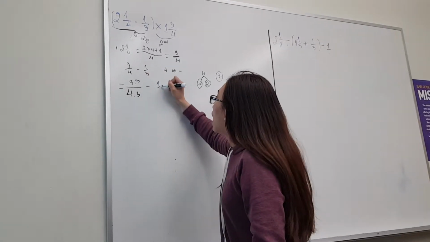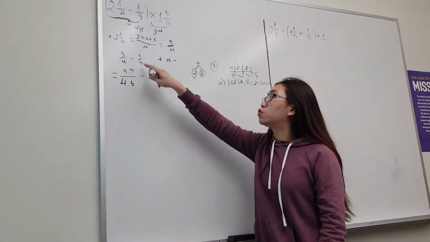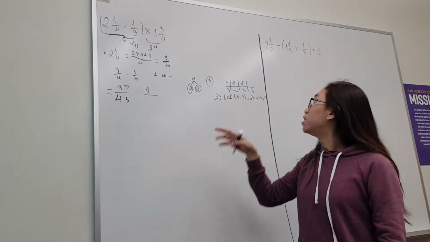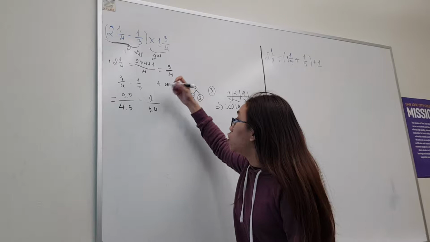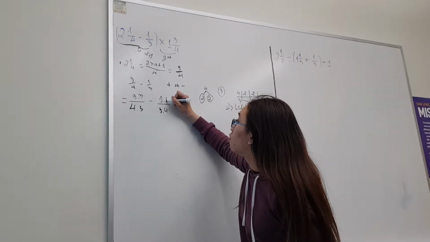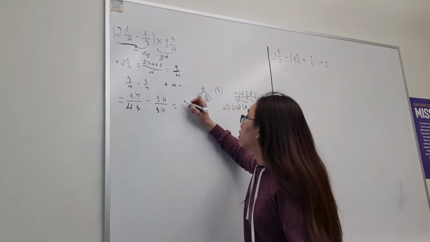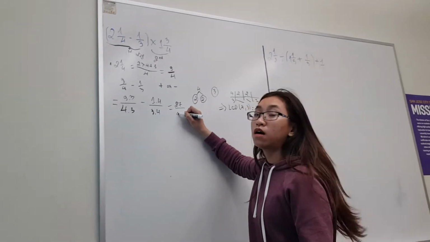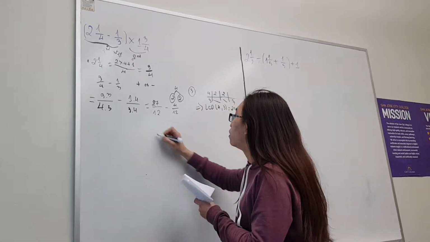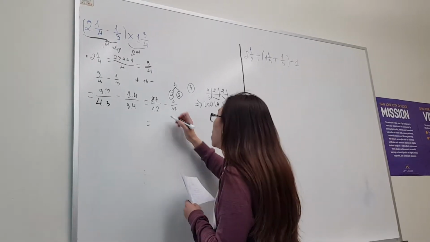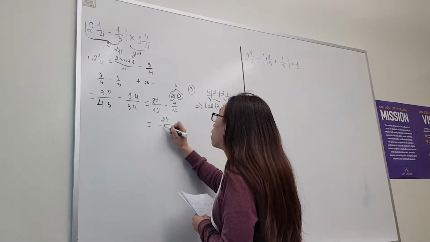And how many times 3 equals 12? It means 3 times 4, and the numerator needs to multiply by 4. You have 27 over 12 minus 4 over 12. You have 23 over 12.